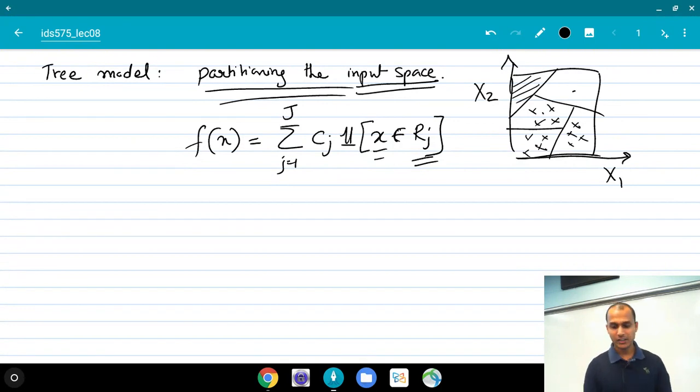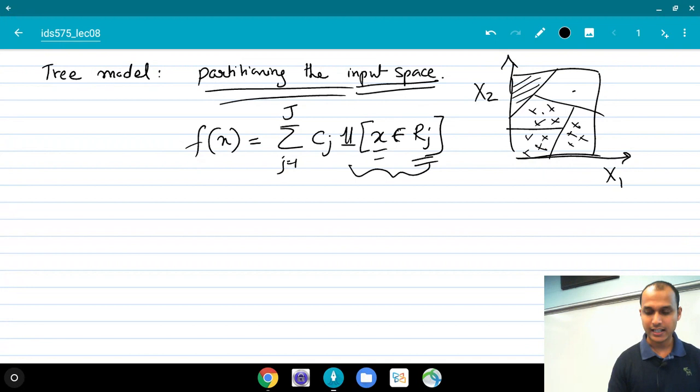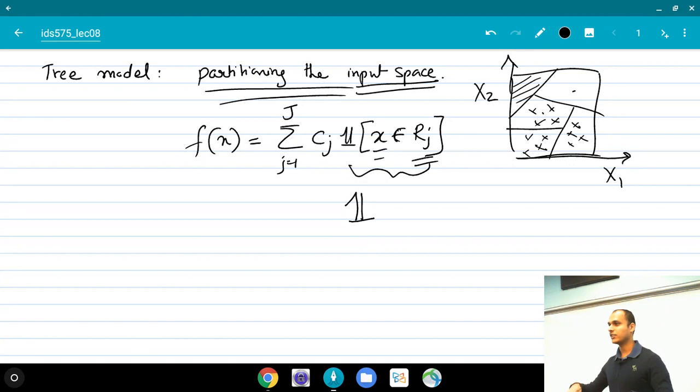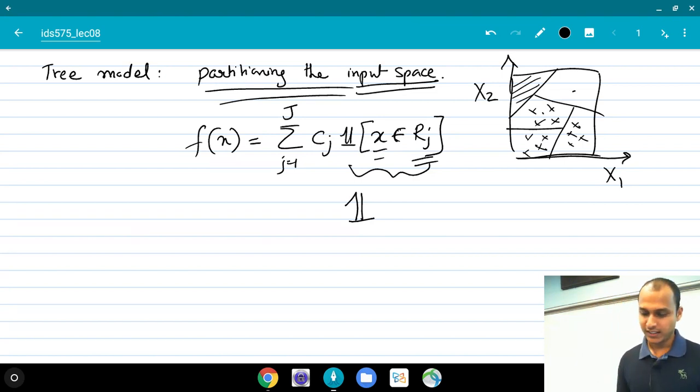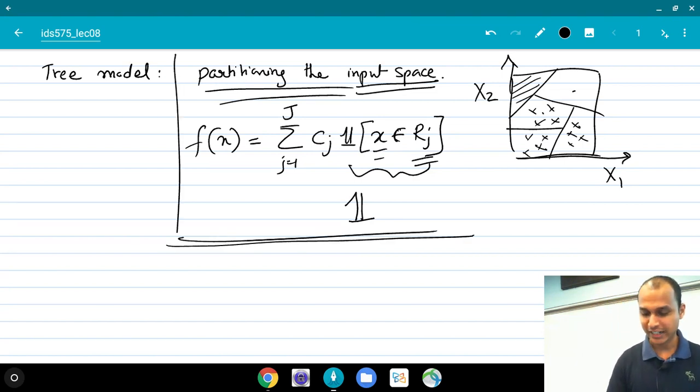And this indicator, or boldface 1, just means the value is 0 if x does not belong to that region, and 1 if it belongs to the region. So this is the model even before getting into the tree.